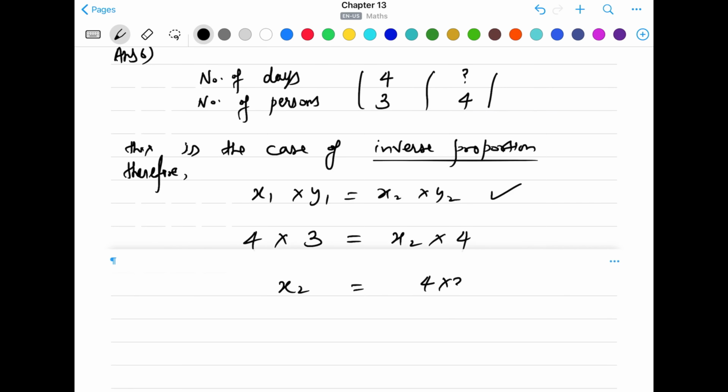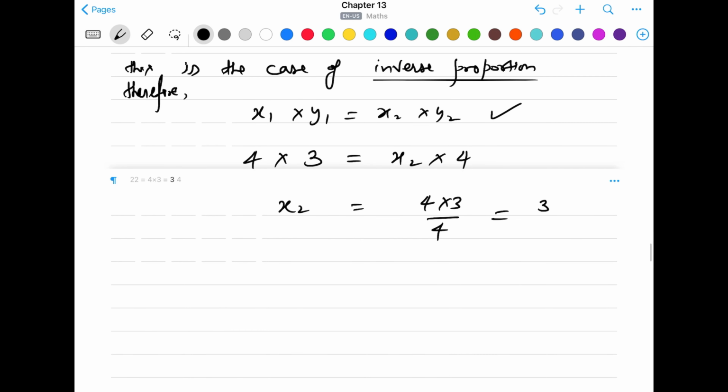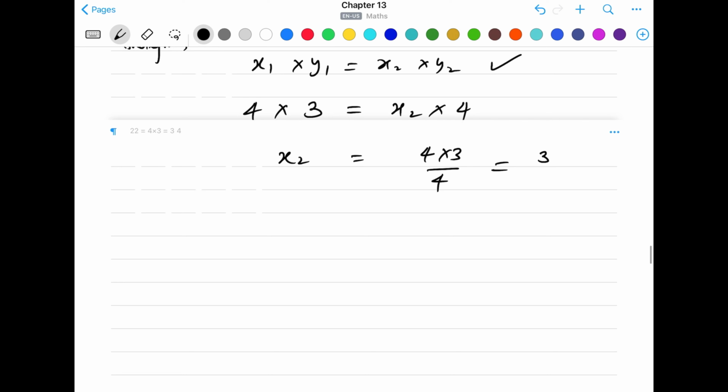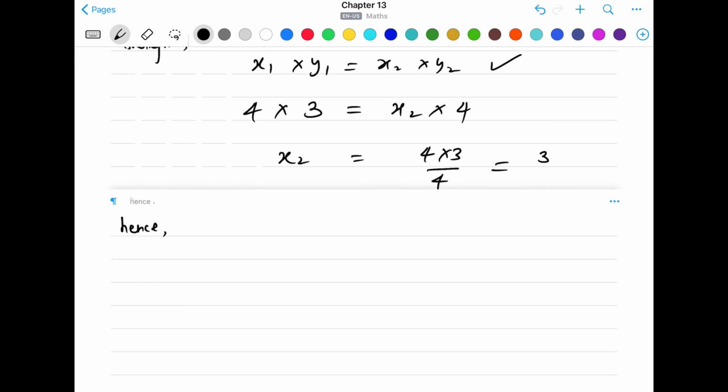So x2 will be 4 into 3 divided by 4. 4 divided by 4 is 1. So 1 into 3 will give us 3. That means the 4 persons can complete the task in 3 days. So we'll write, hence the number of days taken by 4 persons is 3.